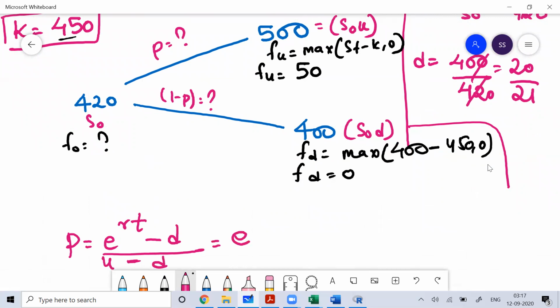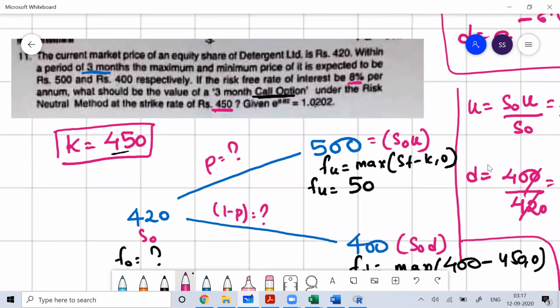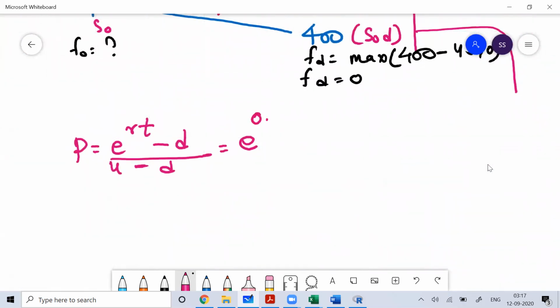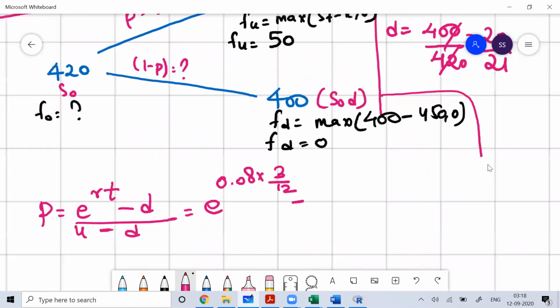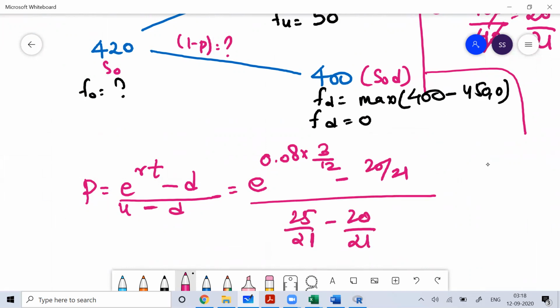R is given as 8% and time is 3 months, minus d. D is how much? 20 by 21. And u is 25 by 21, minus 20 by 21.